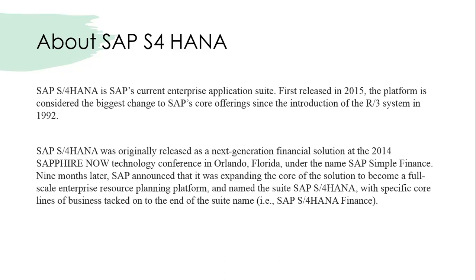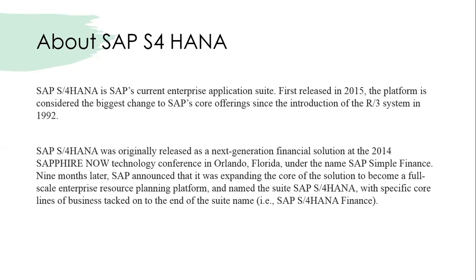SAP S4 HANA was originally released as a next generation financial solution. So the focus was on finance. Of course, finance is the core of every module. In 2014, at the SAP HANA Technology Conference in Florida, it was introduced under the name SAP Simple Finance.